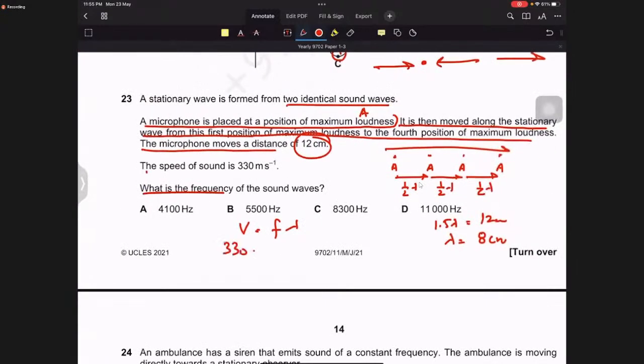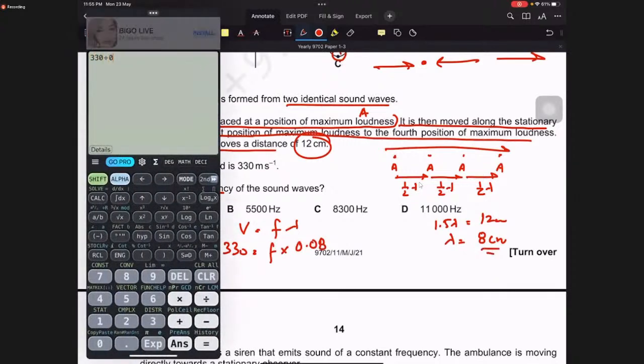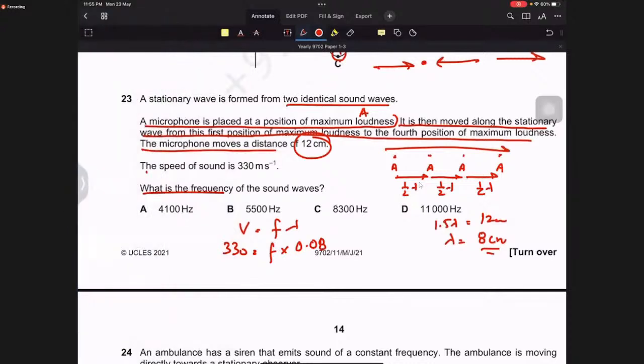Speed is 330. Frequency is what we need to find, and 0.08, because we have to change it to meters. 330 divided by 0.08 is 4,100. That should be the answer.